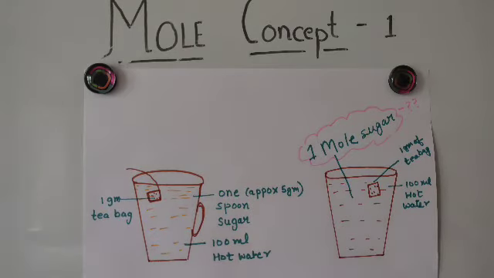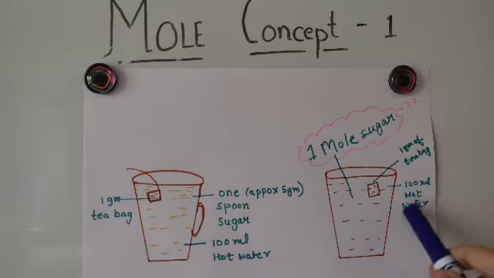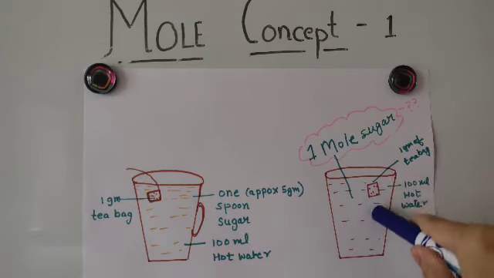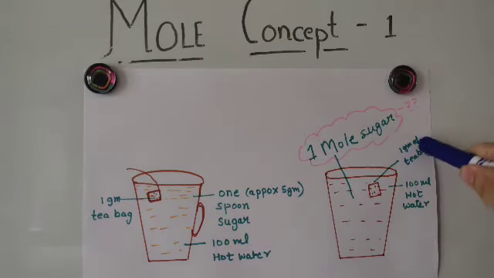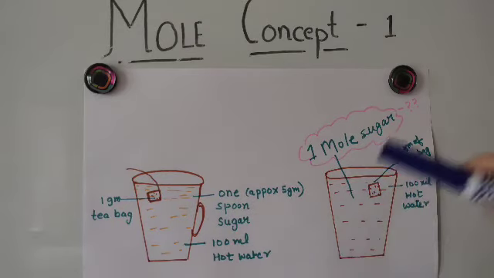By doing this, I will make a cup of tea. Now, I want to have 1 more cup of tea. This time, I will take 100 ml of hot water. In this, I will dip a tea bag of 1 gram. And now, instead of 1 spoon of sugar, I will prefer 1 mole of sugar.